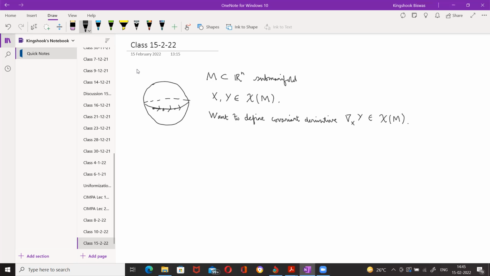Now the idea is, you can think of Y as a map from M to TM.